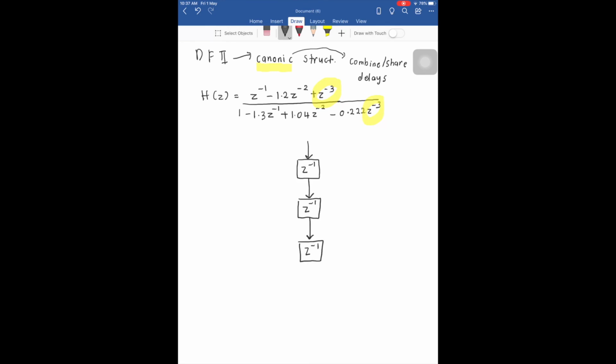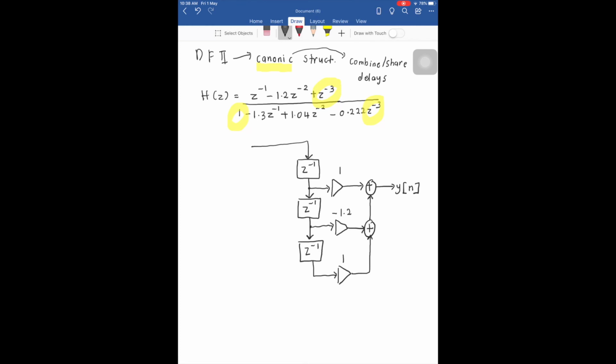For the numerator, the first constant starts after the first delay, which is 1, and after the second delay, the next constant. For the denominator, we have 1, which is a straight line.